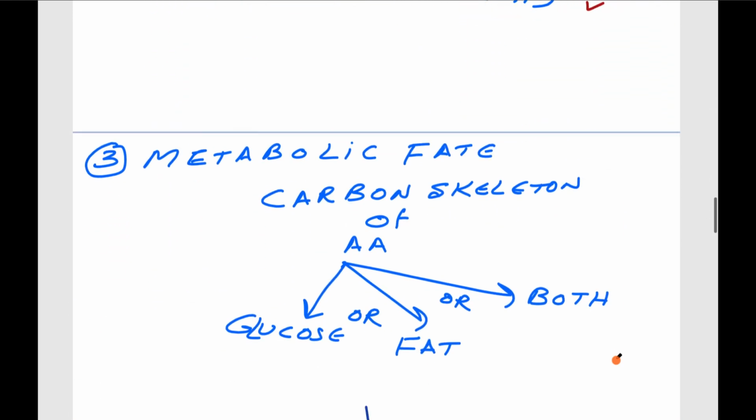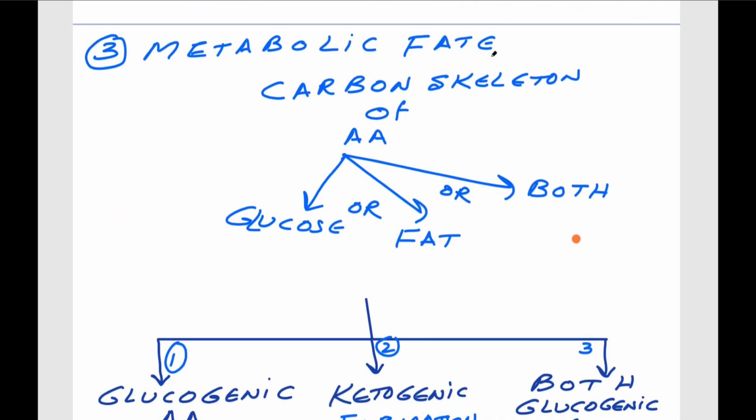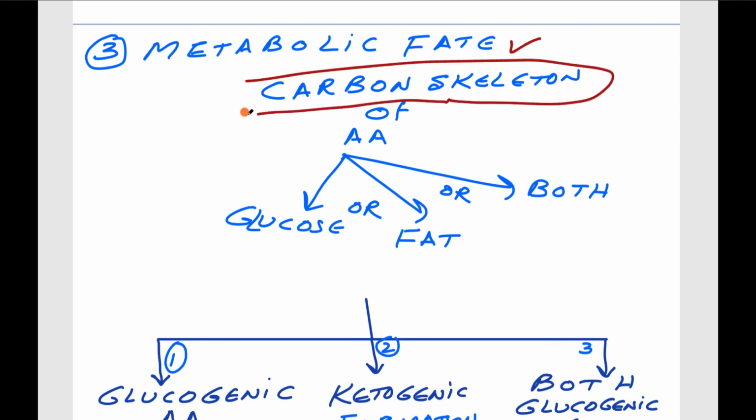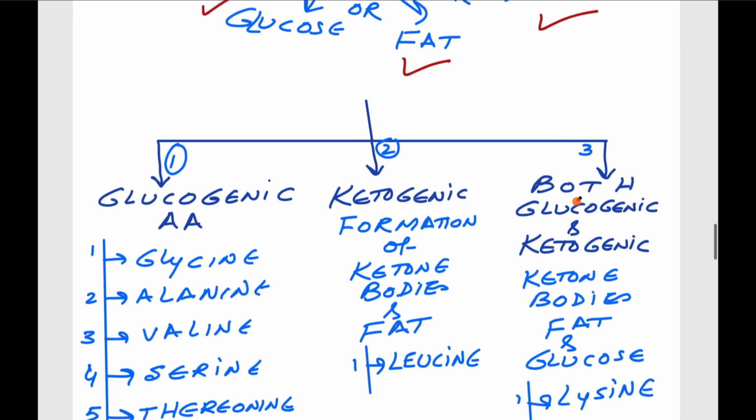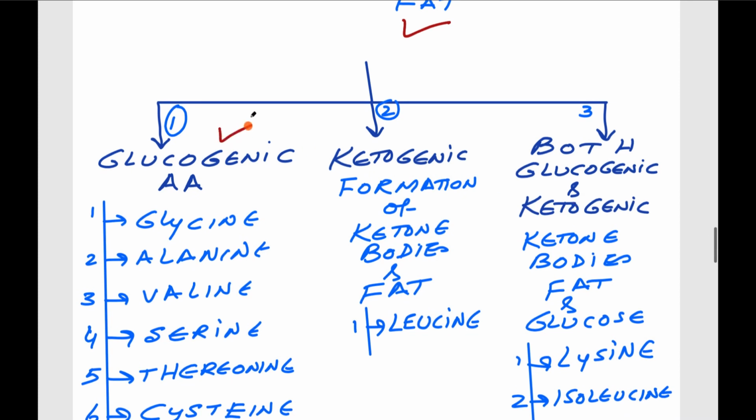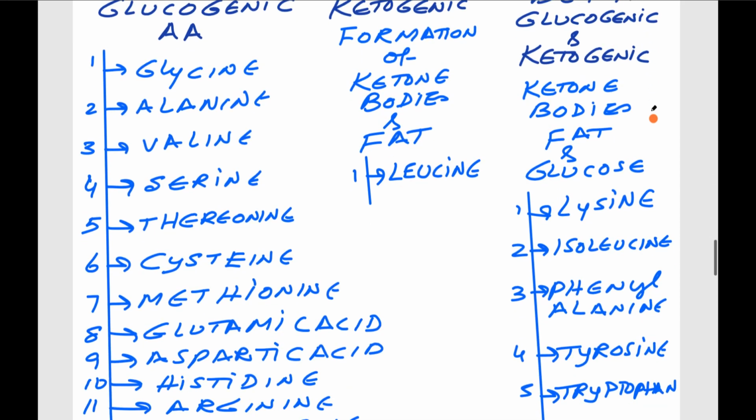Then the third objective we discussed is based on metabolic fate. The fate of the carbon skeleton: whether it can be used for glucose synthesis, fat synthesis, or both. If it is for glucose, we said it is glucogenic amino acids. If it is for fat or ketone bodies, ketogenic amino acids. If it can be utilized for both, glucogenic and ketogenic. Under ketogenic, only one amino acid is there, leucine.